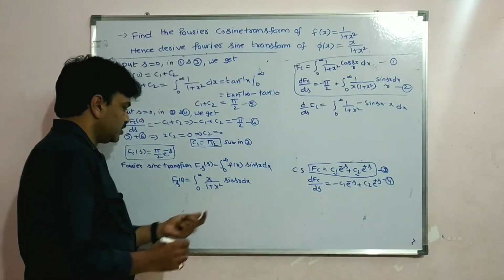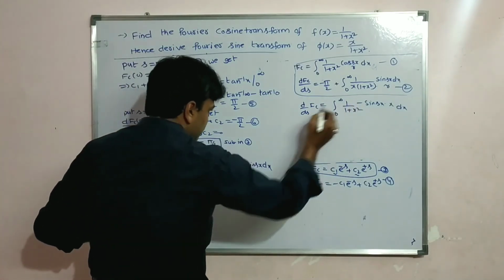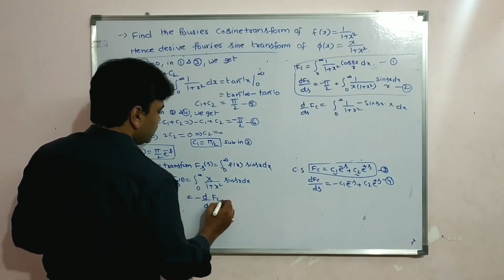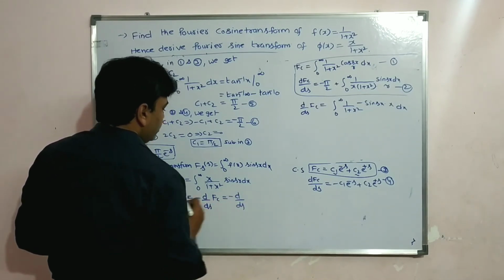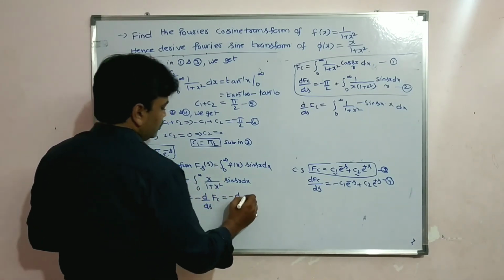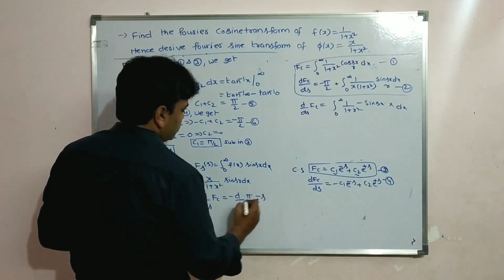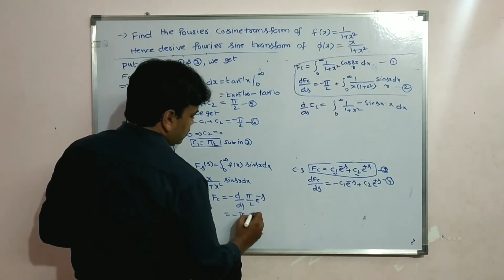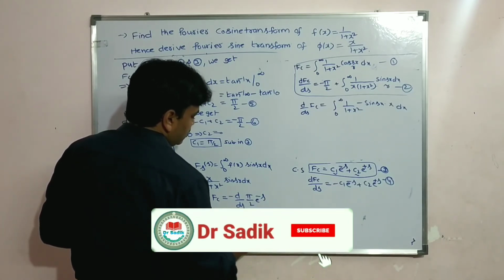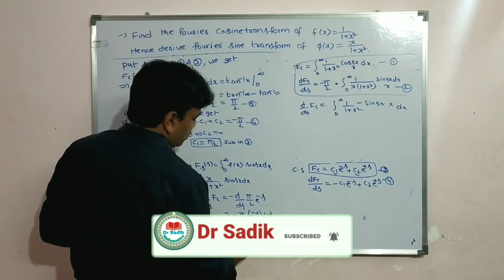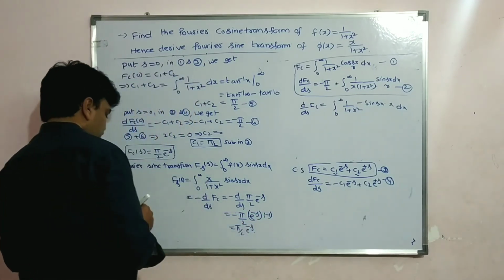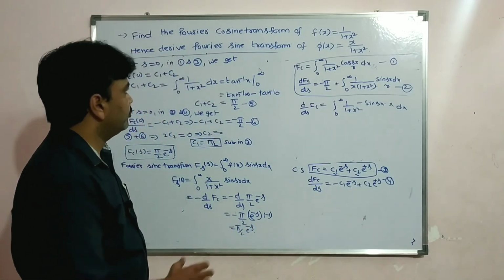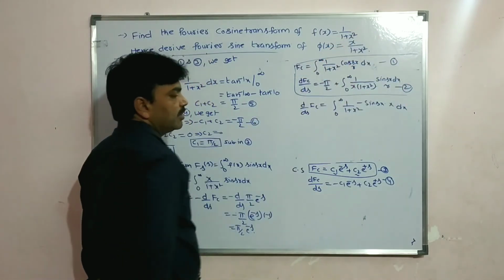So this value is equal to minus d by ds of Fc, means pi by 2 e power minus s, so minus pi by 2 times the derivative of e power minus s, e power minus s into minus 1, so that is equal to pi by 2 e power minus s. This is the Fourier sine transform of the given function.